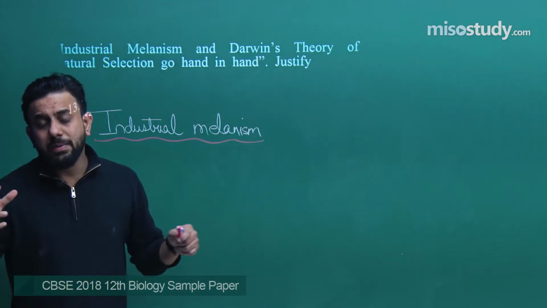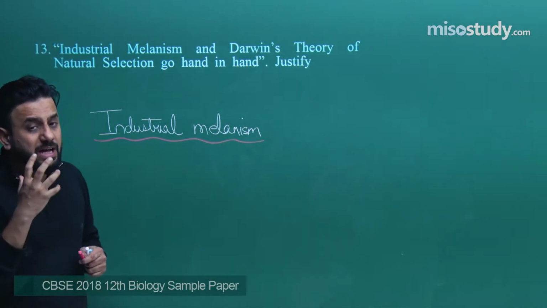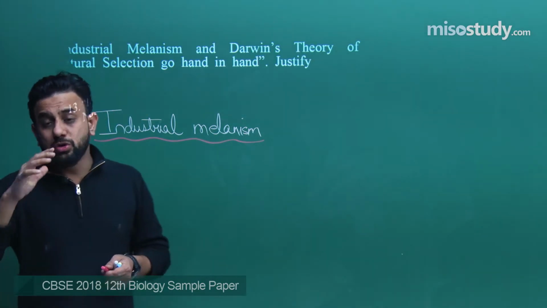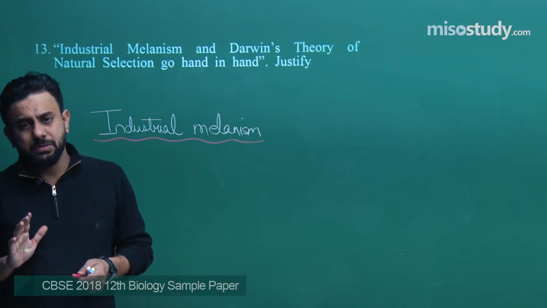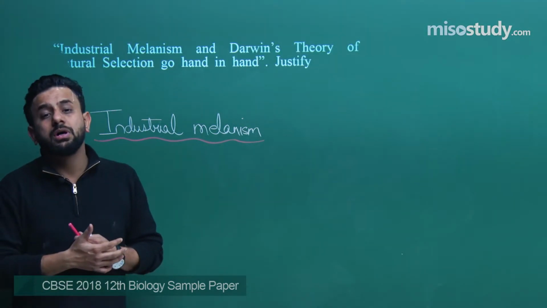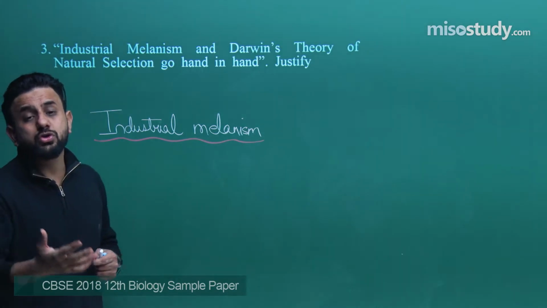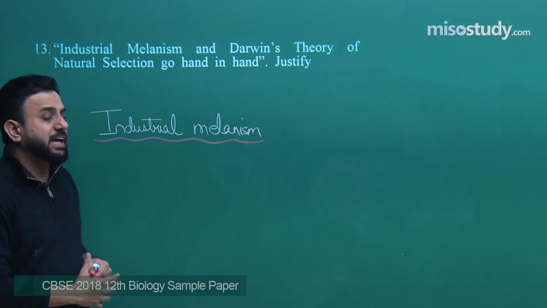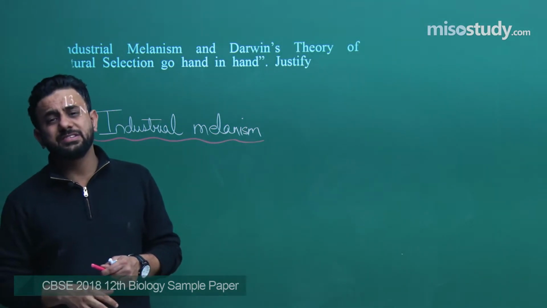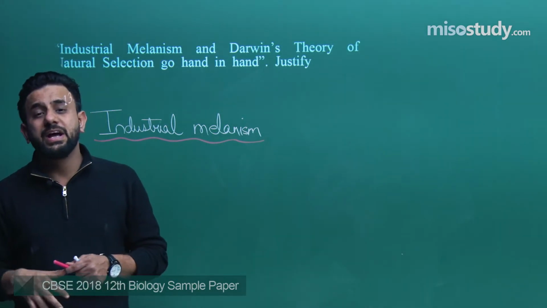Since they are becoming darker in color, it is helping them to camouflage with the environment. Camouflage is to take the support of the environment, and thus it is helping them to avoid the predator. For example, say an elephant, and this is a very unrealistic example, but that is the only thing I can explain it with.